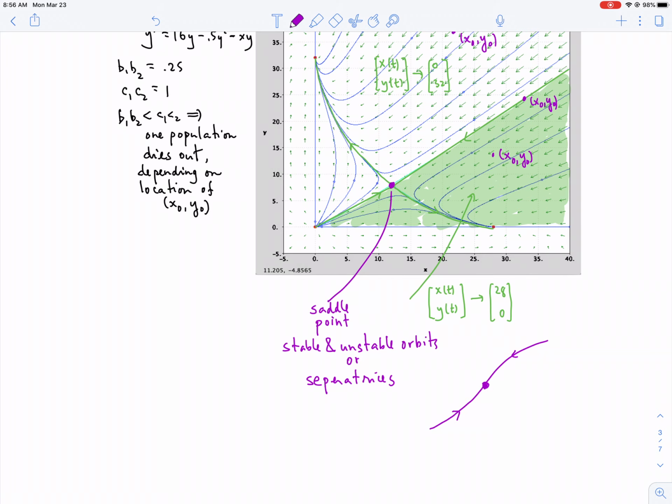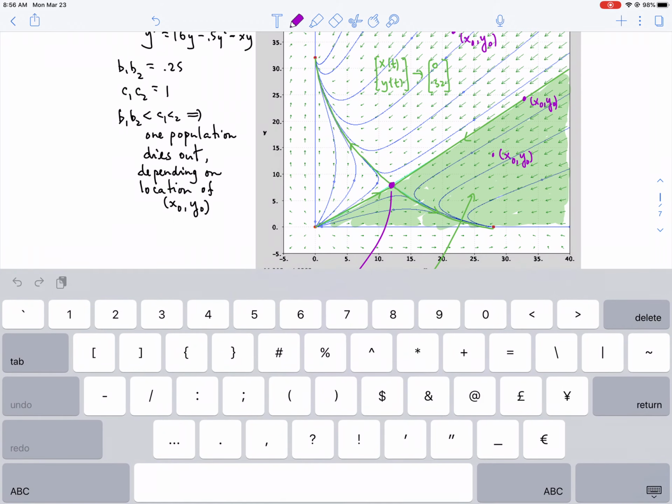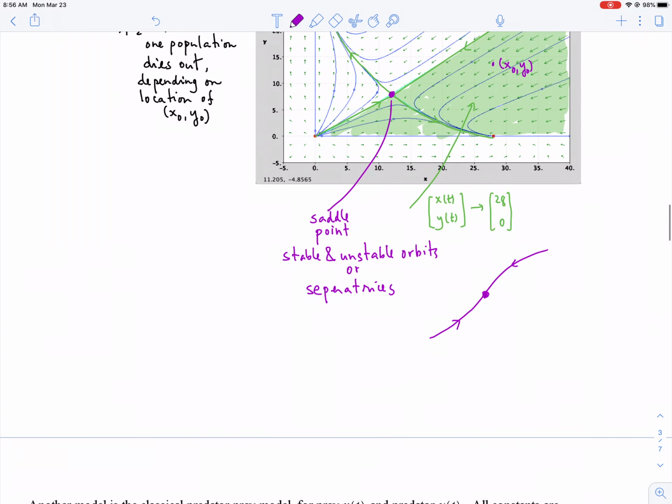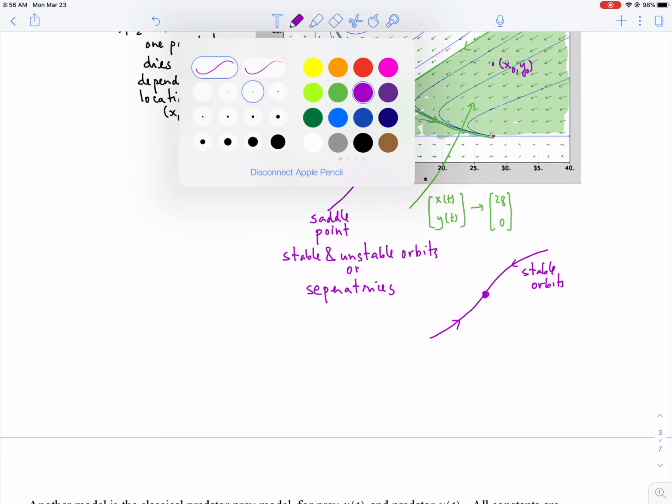The ones that converge are called the stable orbits. And so they correspond in the limit to the eigenspace with negative eigenvalue.